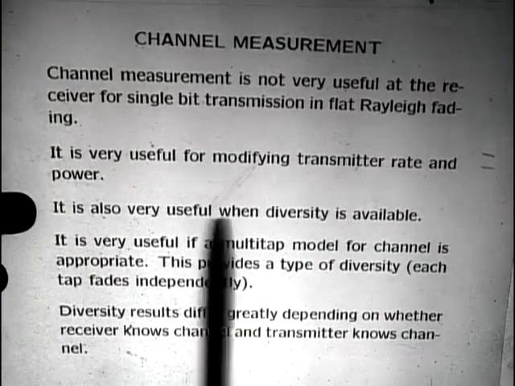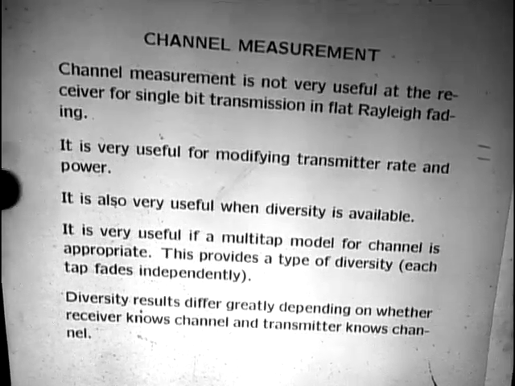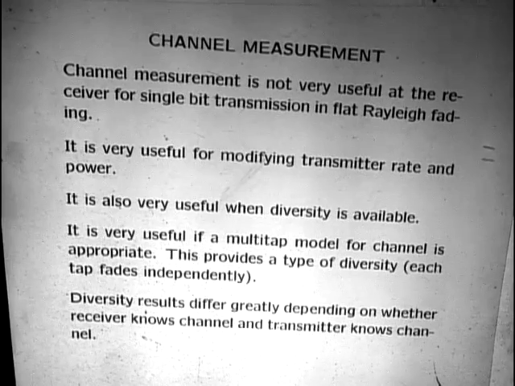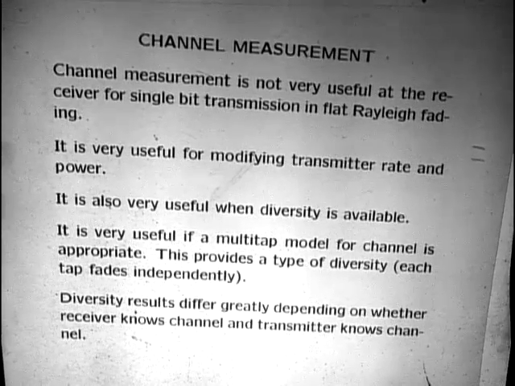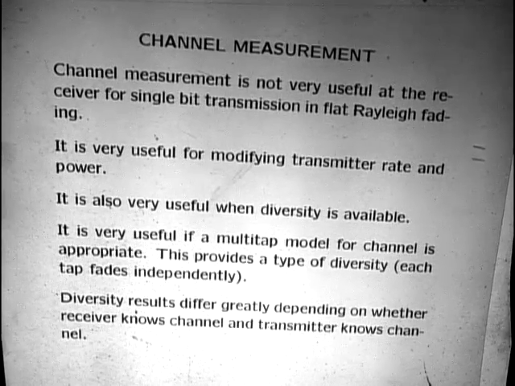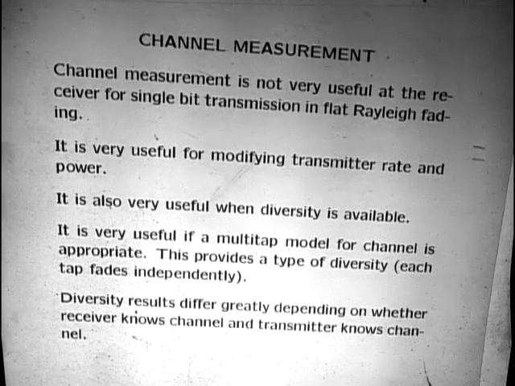Okay. As we said, channel measurement helps if diversity is available. Why does it help when diversity is available? Okay, think of sending this one bit. You get one reception, and then you get another reception. On this reception, you get one amount of fading.